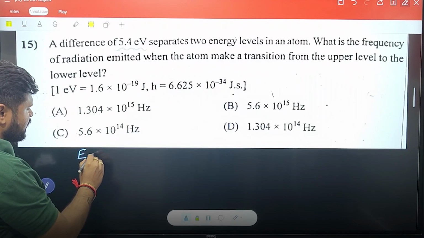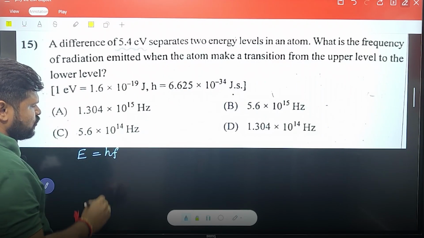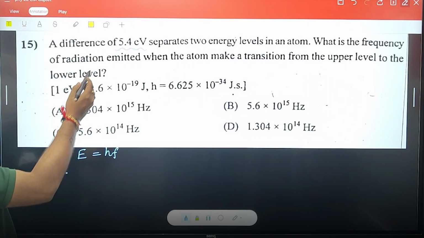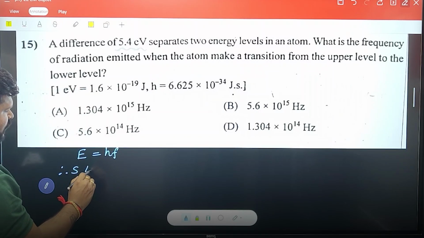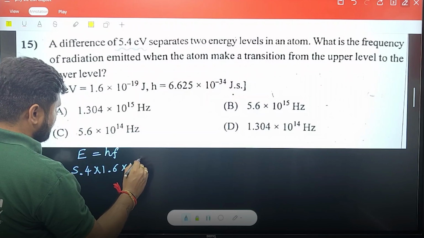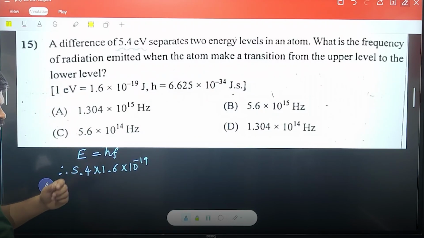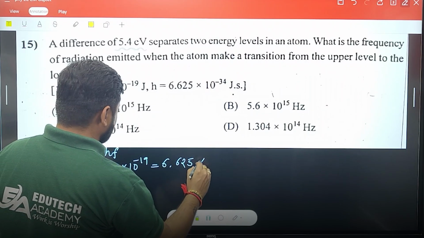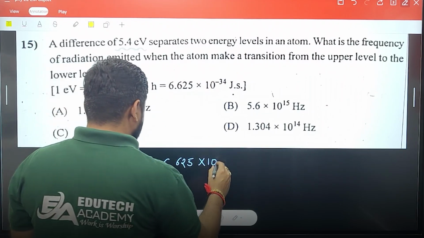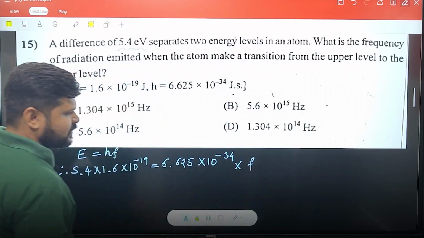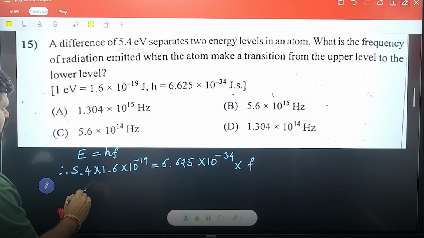So just use this data, that is E equals hf, radiation energy. How much radiation energy is given? 5.4 electron volt. So 5.4 into 1.6 into 10 raised to minus 19, we have converted into joule, equals hf. So h is 6.625 into 10 raised to minus 34 into f. Our question is to find the frequency.